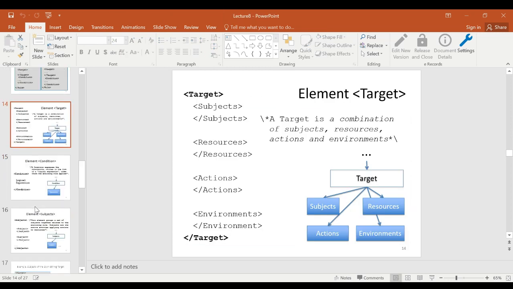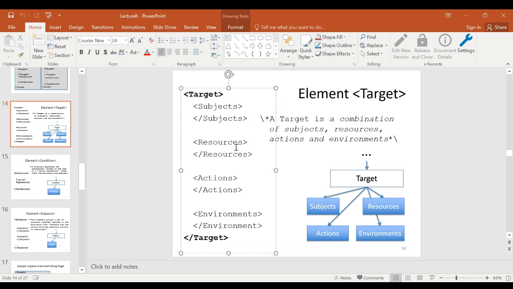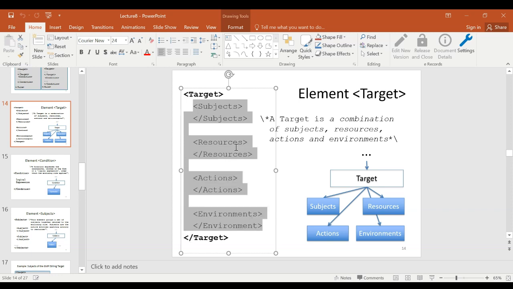Now, let's see what the target element consists of. At this point, you will start seeing that things become clearer. Why? Because the information included in your target is basically the same information that we talked about last time when we talked about access control policies.